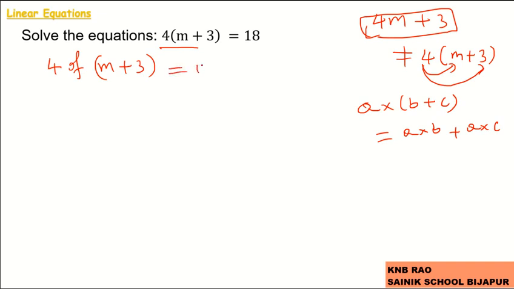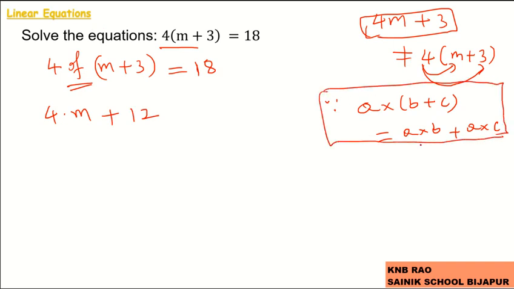So, children, be careful whenever there is a bracket 4 of m plus 3, it is to be treated this way. So, 4 into m plus 4 into 3 gives 12 by distributive property which we have learnt already.